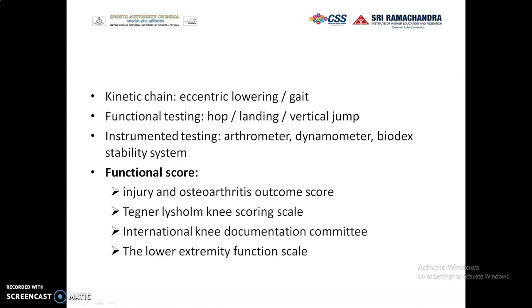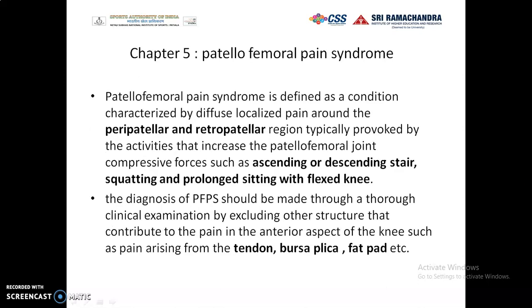And then if you want to test the muscle, we use an isokinetic strength testing system to measure the strength of a muscle on both sides. And then also you can use some of the functional scores for patellofemoral. So what are the functional scores that we commonly use in knee injuries? Like the International Knee Documentation Committee, the lower extremity function scale, and the Knee injury and Osteoarthritis Outcome Score, that's called KOOS.